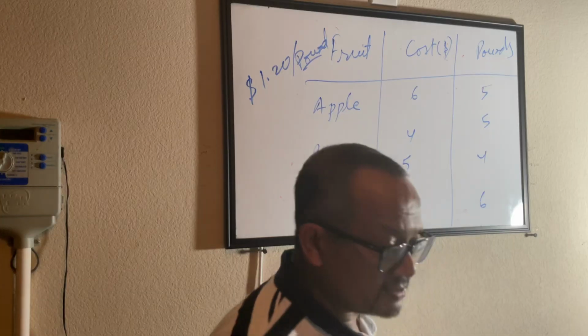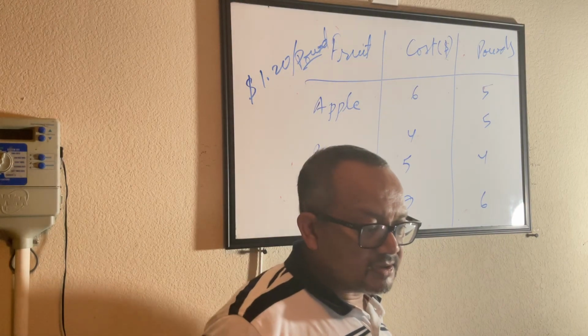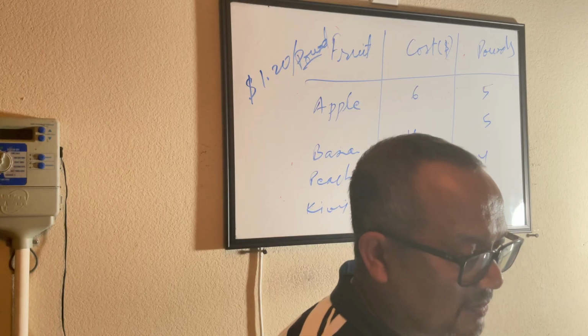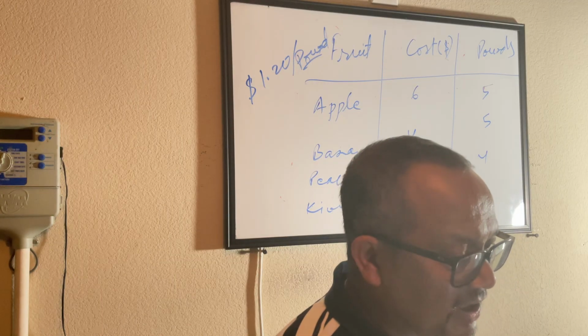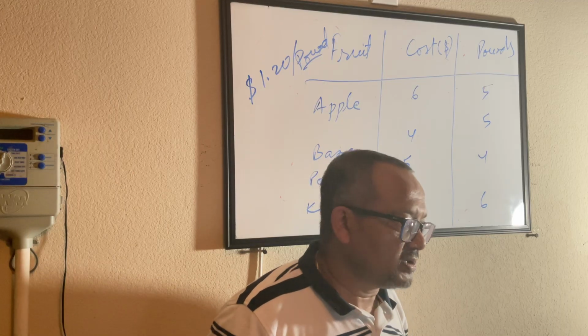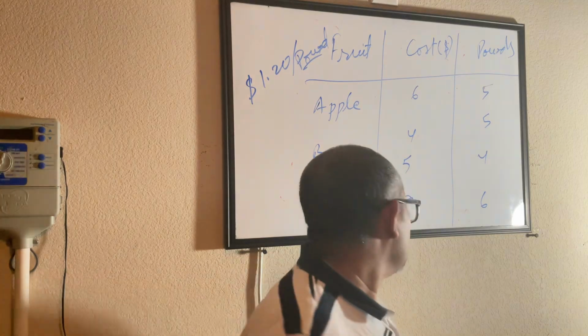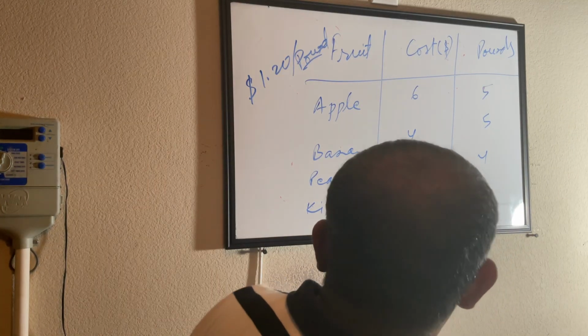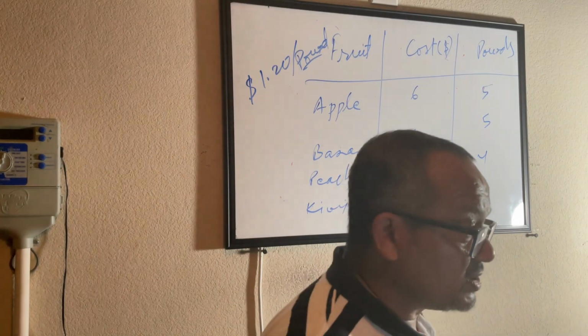Okay. Deekshita, the apple. Arihan, same. Apple. Kiwi. You are saying a rate as $1.2 per pound.